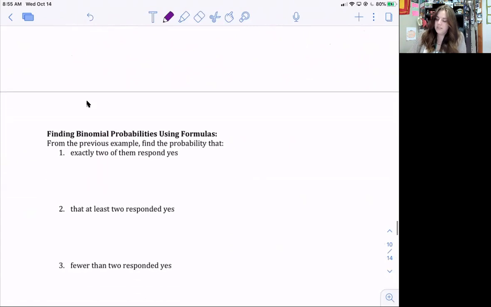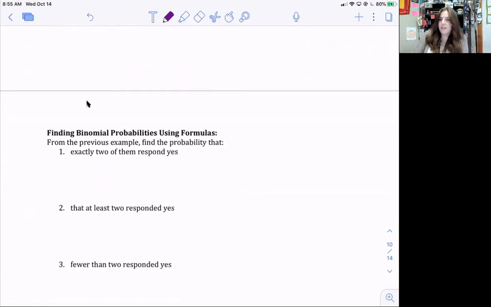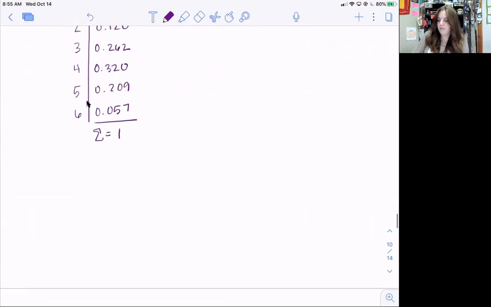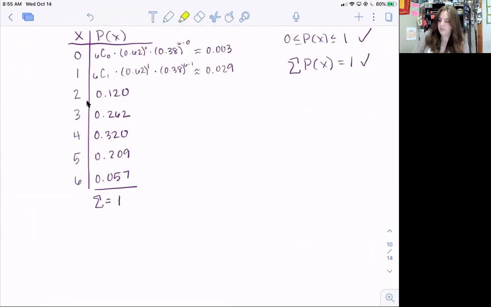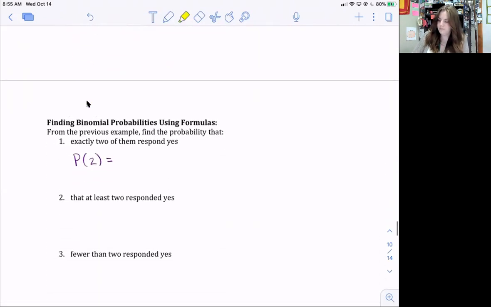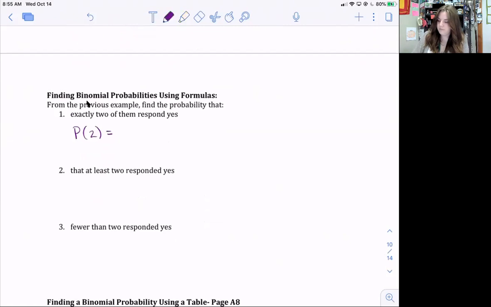So from the previous example, find the probability that exactly 2 say yes. So the probability of 2 equals, I'm going to slide back up to our table. The probability of 2 would be the 0.120. Okay.